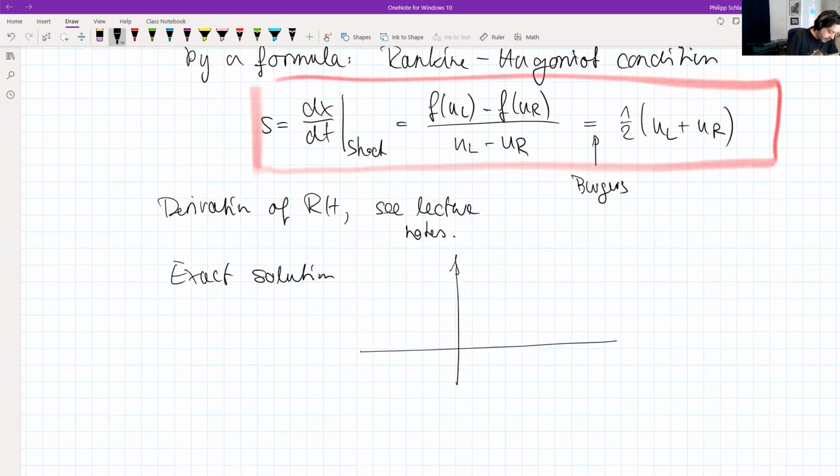If I have again an xu diagram, and I start with the initial condition, which was something like this, then I know that this shock here will just move into the positive x direction with a speed s, and this distance here would be s times t.